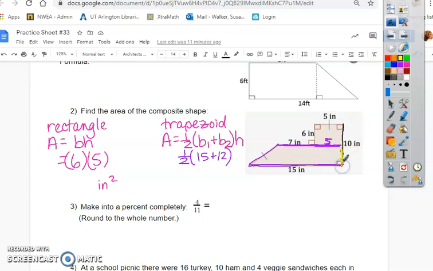Okay, so what I do know though is from here to here is 6, right? So from here to here is also 6. Okay, and the whole thing is 10. One more time. From here to here is 10. From here to here is 6.